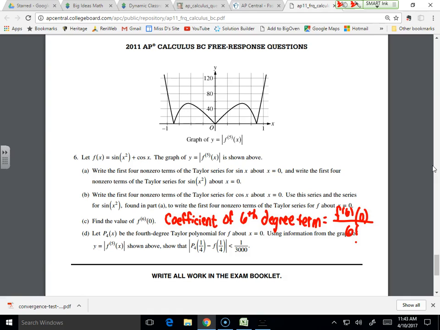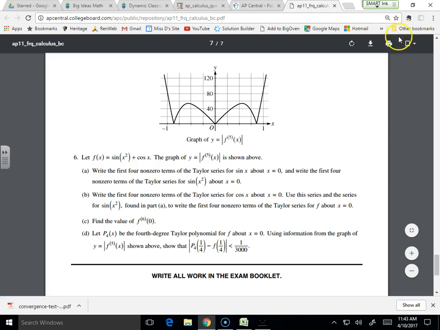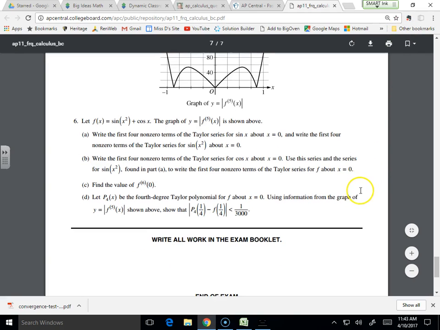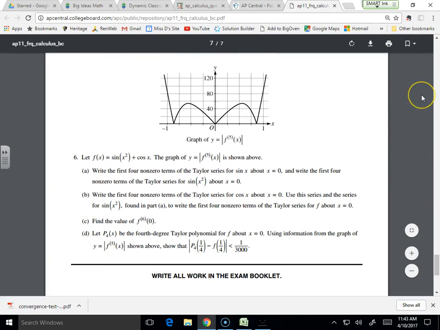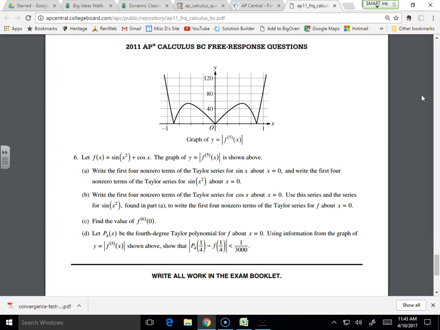This is the Lagrange one. What do we do? Well, we would use the 5th derivative, and we'd find the value at 0, and that will be the coefficient, so we can get the 5th degree term.